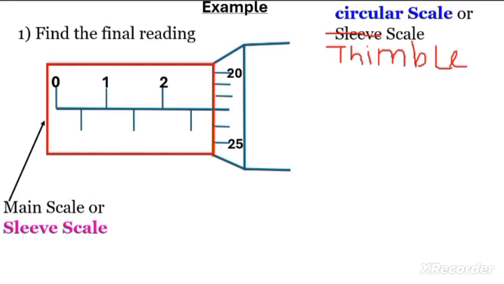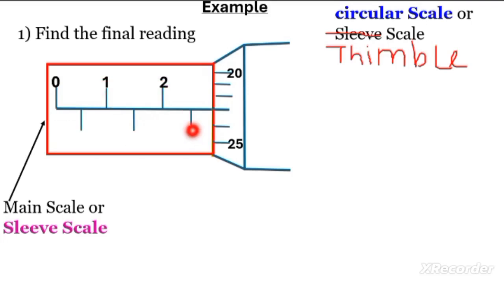So the first thing that we are going to do is to identify the mark on the main scale or sleeve scale. Here we have 0, 0.5, 1, 1.5, 2, 2.5.